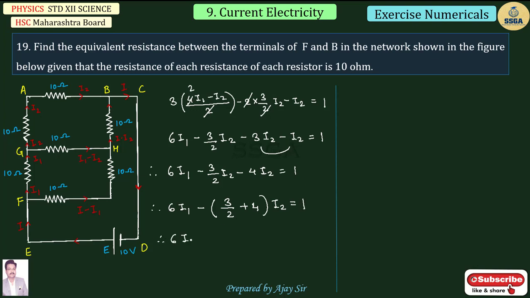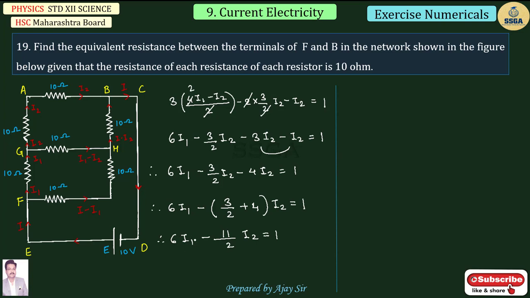So therefore this is 6 I1 minus, this is 3 plus 8, that is 11 by 2. So this is 11 by 2 into I2, which is equal to 1.